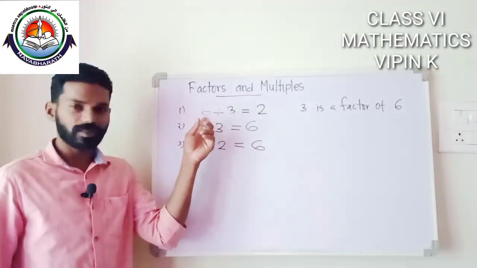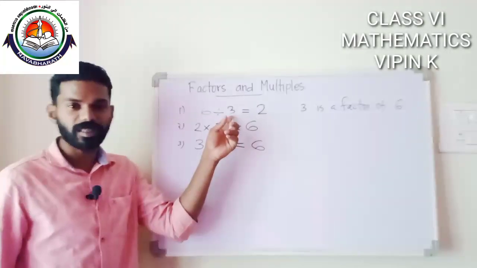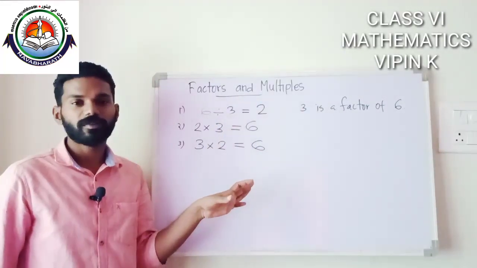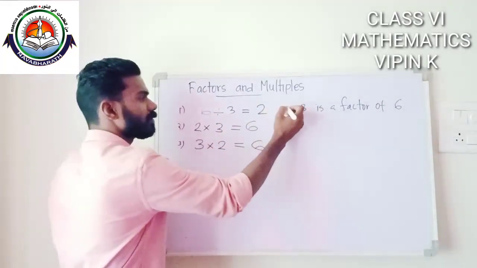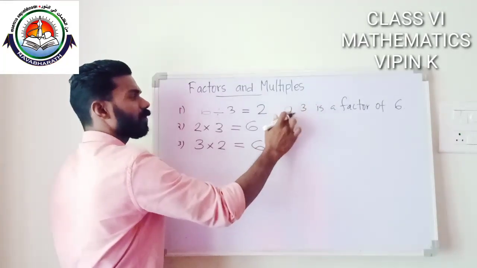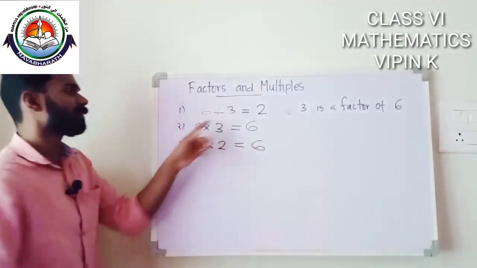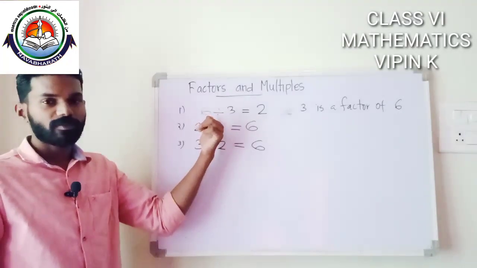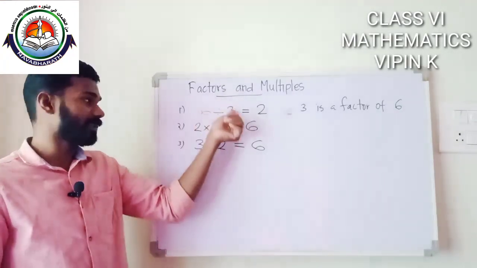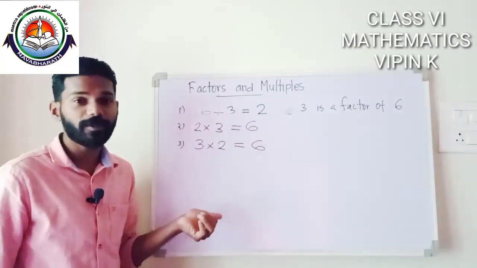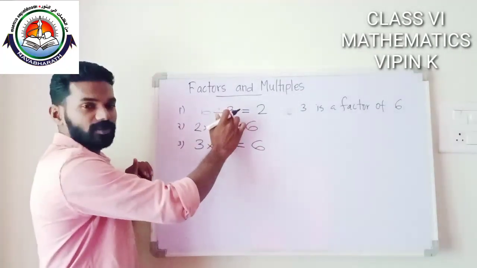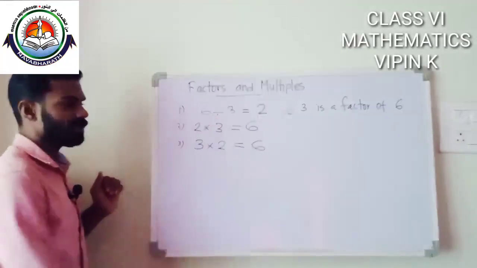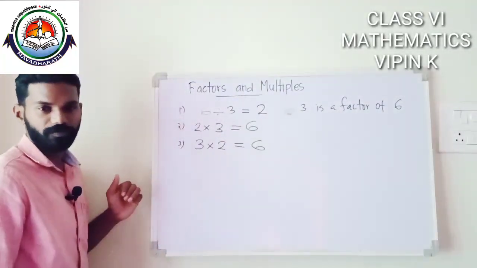Because when 6 is divided by 3, it is exactly divisible, because the remainder is 0. So we can say that 6 is exactly divisible by 3, or that 3 is a factor of 6. This is the first statement we got.